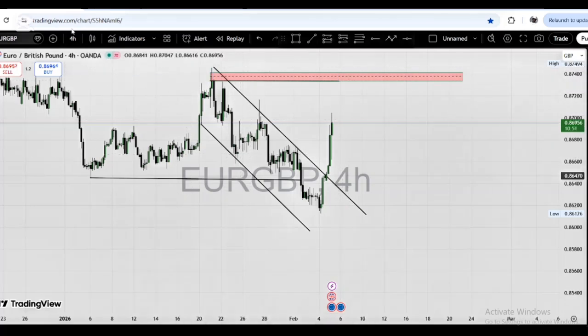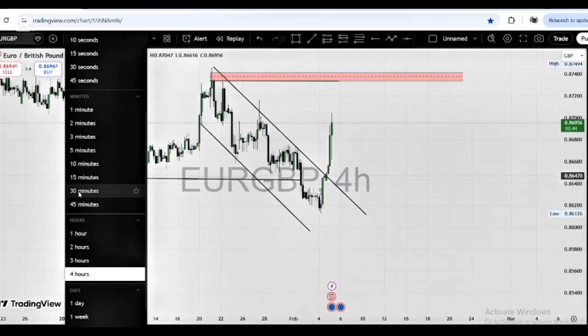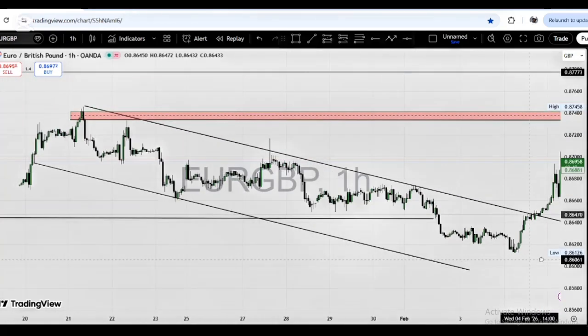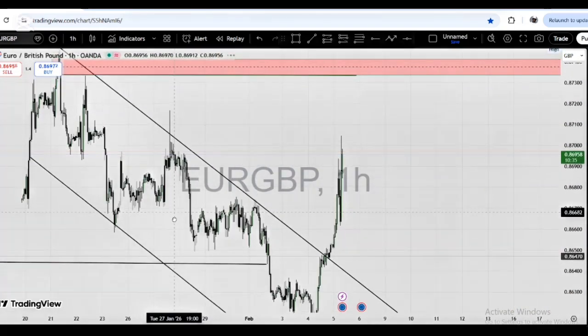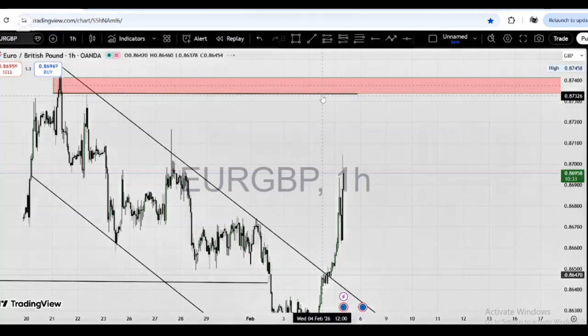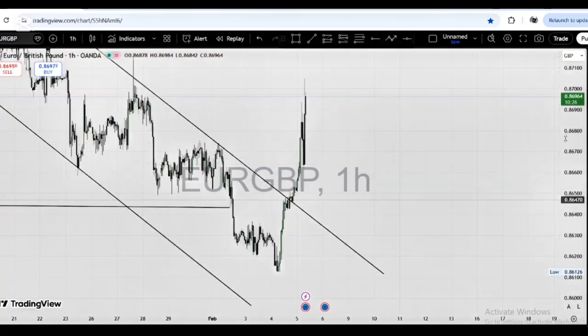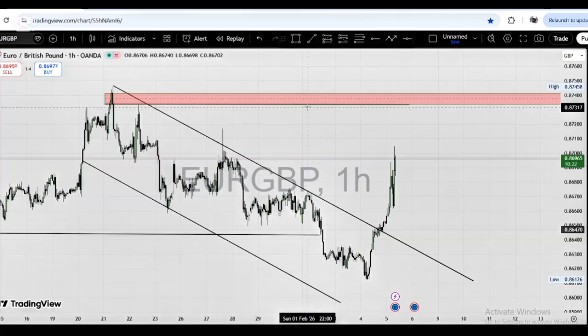By the time it has gotten to this area, we'll go back into our smaller time frame, which is, first of all, the 1-hour time frame, and look for that perfect entry area where we can take that sell, which is here. Definitely here we can take a sell position. That is exactly why we have to go into the smaller time frame, so that we can see a perfect area for that to happen.